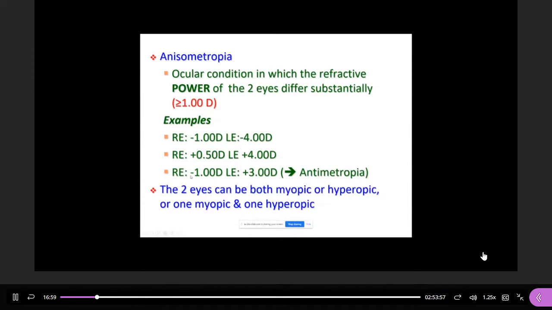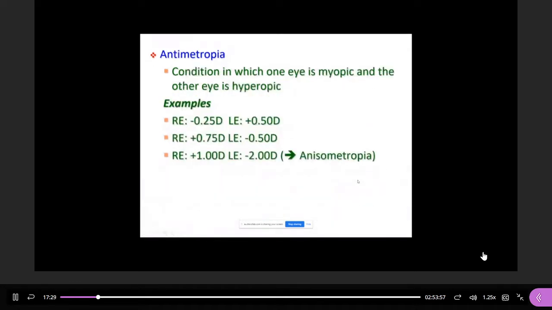To see this patient, right eye is -1, left eye is +3. We already know this is a 4 diopter difference between the two eyes, above 1. So this patient is anisometropic, and at the same time, because one eye is minus, one eye is plus, this patient also has the definition of antimetropia. So a patient can be either anti or aniso, but the patient can also have both, being anti and also above 1 diopter at the same time.